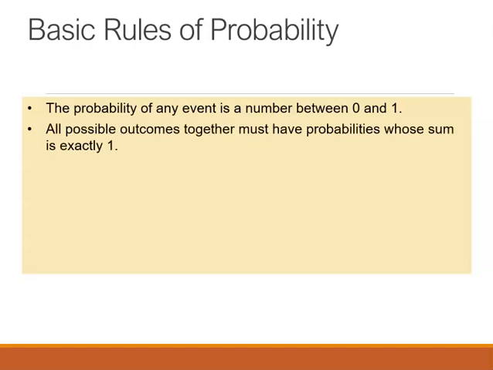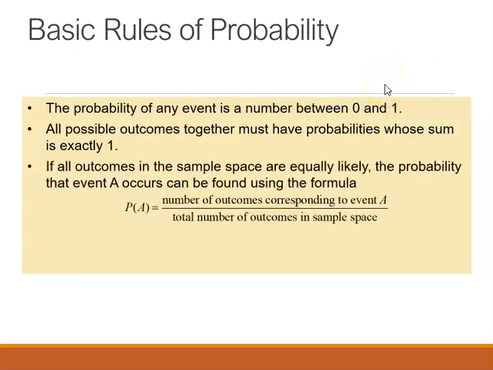If I take all outcomes and I add them together, the probabilities must add up to exactly 1. To calculate a probability, if I know all the outcomes in the sample space are equally likely, then the probability is just the number of outcomes corresponding to that event divided by all the outcomes in the sample space.